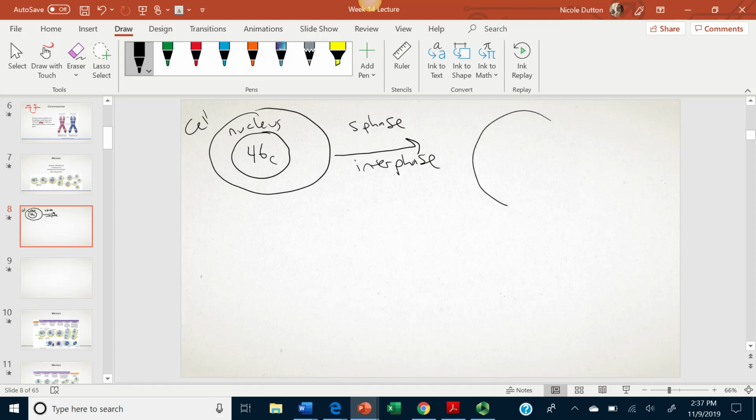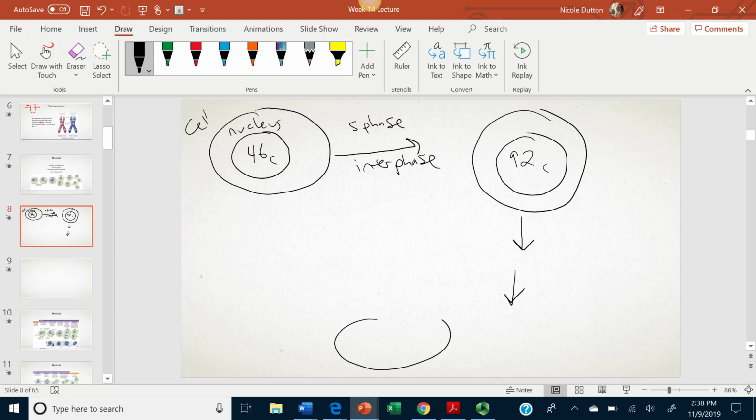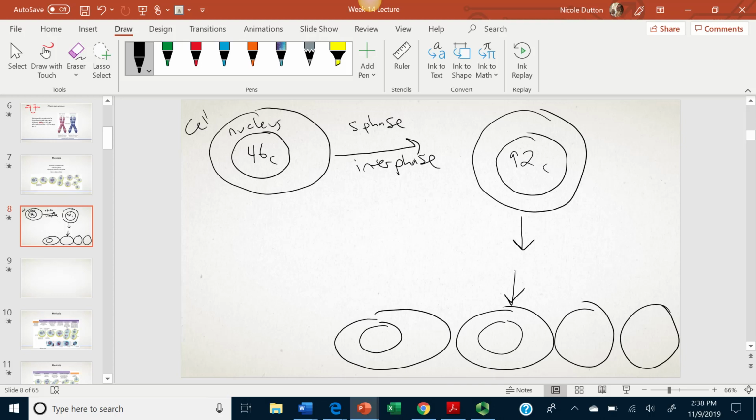And we're going to end up with one cell that has 92 chromosomes. When we enter into meiosis, we're going to go through 2 cycles of division, and we're going to end with 4 cells with 23 chromosomes each.